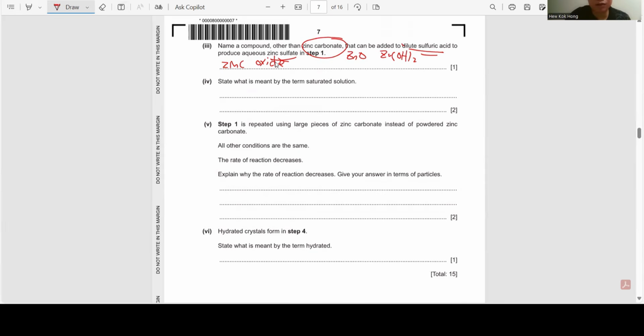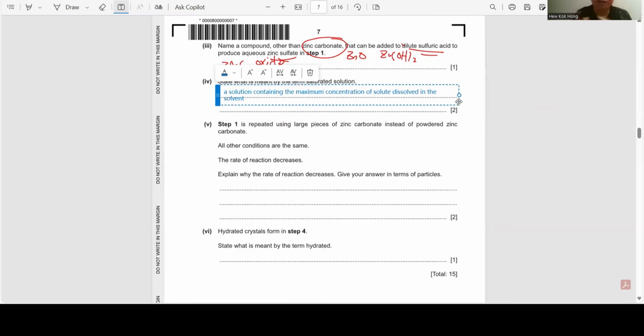So saturated solution is a solution that already contains the maximum concentration of solute dissolved in the solvent at a specific temperature. At a specific temperature, because when temperature changes, the solubility will change also.